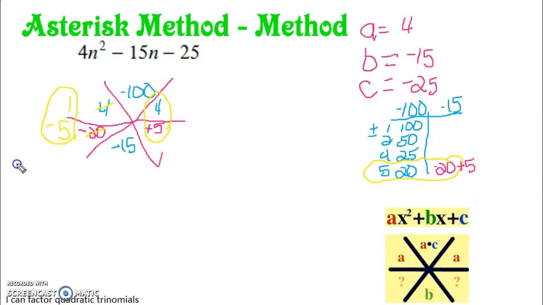So now we have our two fractions that can be our binomials. Remember, the first one is the coefficient of x, so it's 1. We don't have to write the 1, it's assumed. The second number is the second term in the binomial, minus 5.